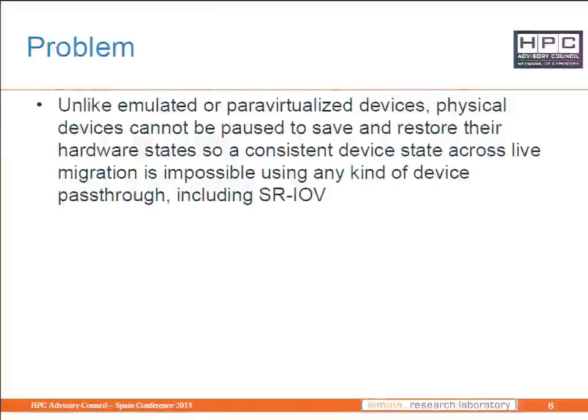But what's the problem? Unlike the emulated or paravirtualized devices, the physical devices cannot be paused to save and restore their hardware states, so a consistent device state across live migration is impossible using any kind of device pass-through.